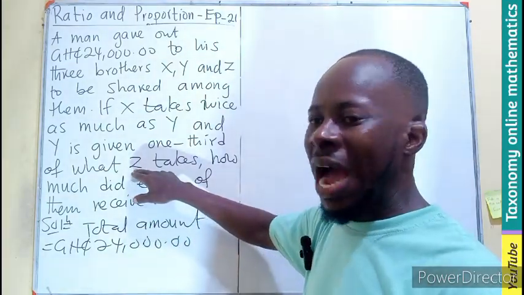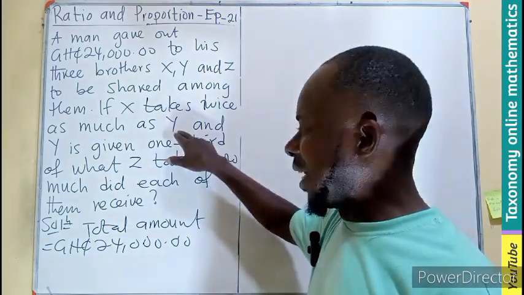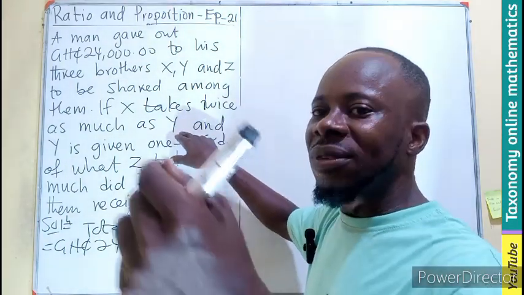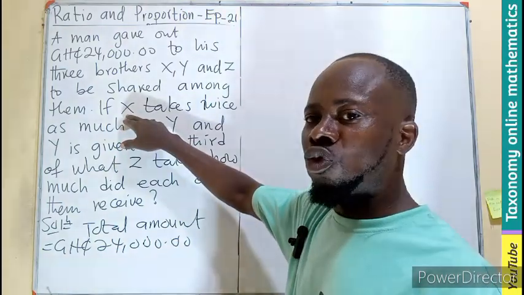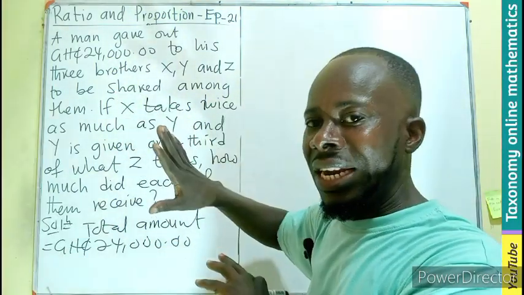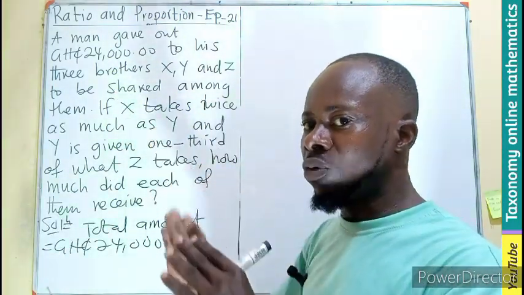If Z is 10, then Y becomes 1/3 of 10, and X becomes twice the 1/3 of 10. I believe you get it, picking it from the smallest value.